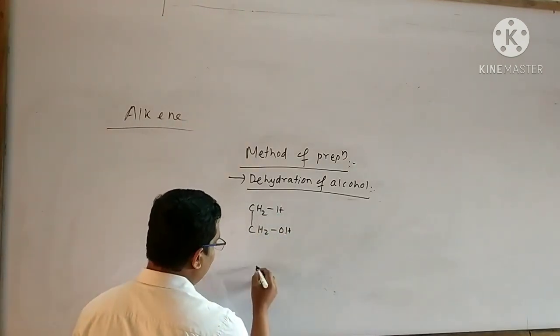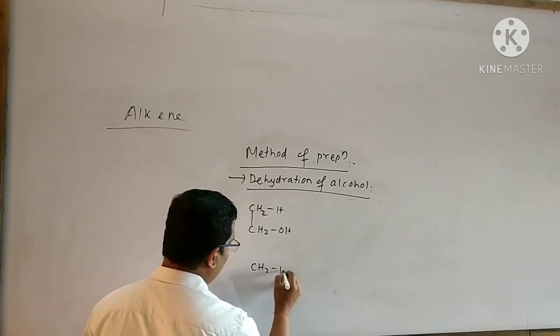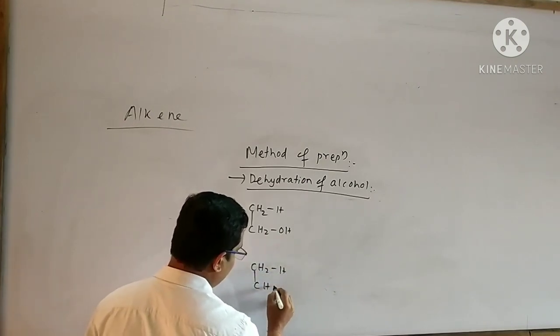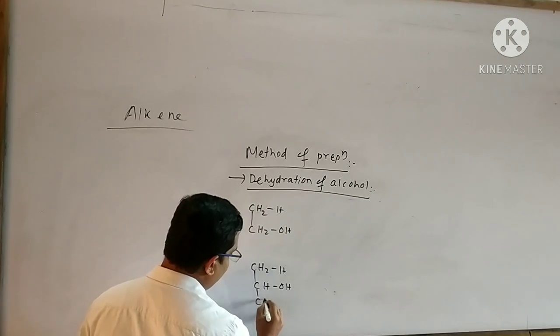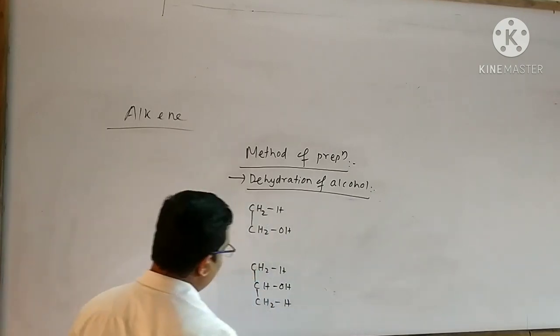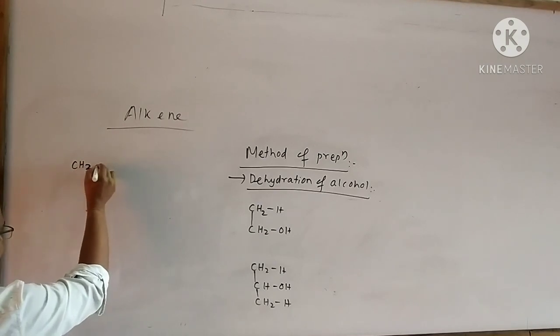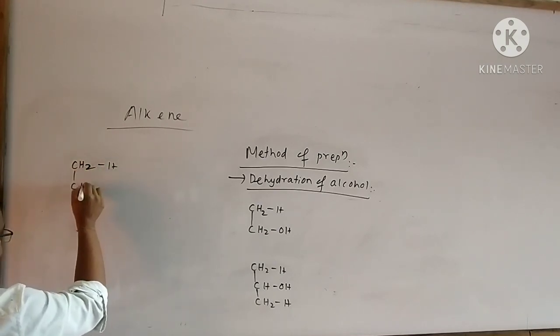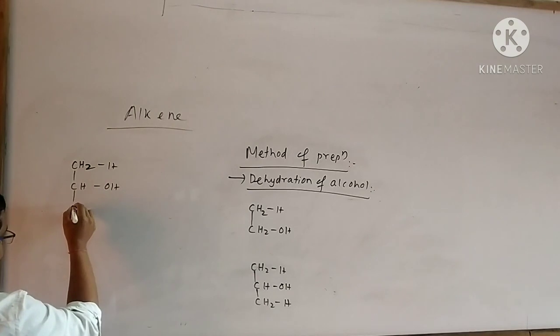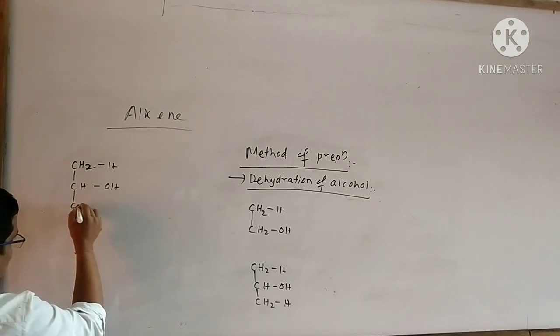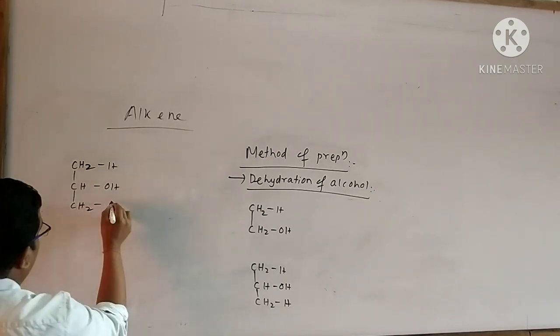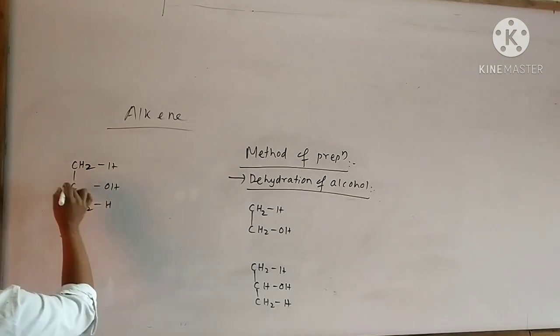Suppose take a secondary alcohol like this. This is said to be secondary alcohol. Similarly, take an example of tertiary alcohol. This is an example of tertiary alcohol.